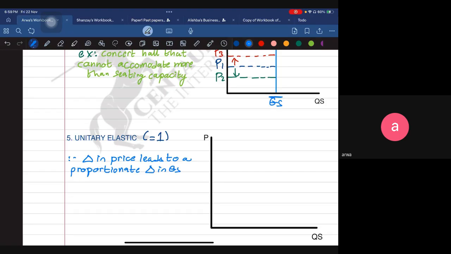Okay, the graph is going to be like... you taught me two ways. It can either be a curve or just a straight line. But usually here we use a straight line.